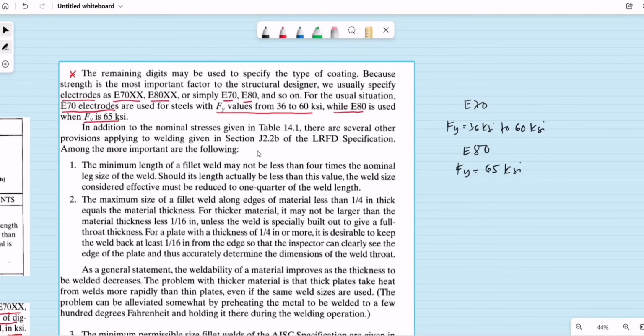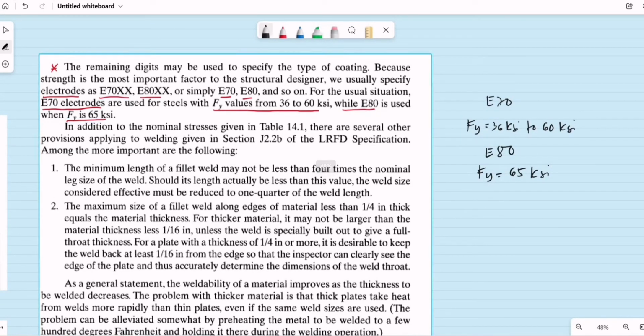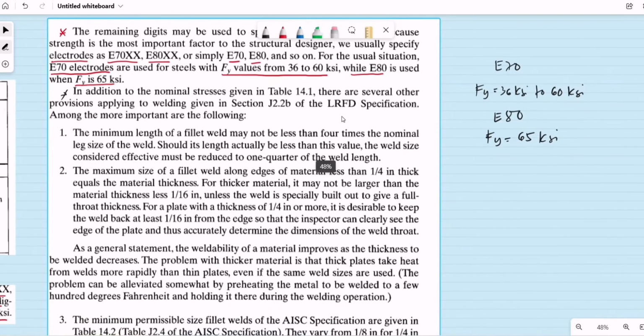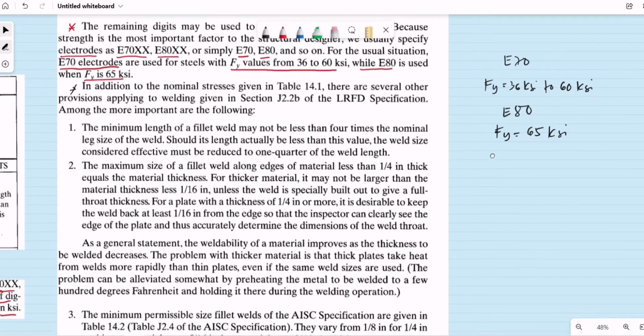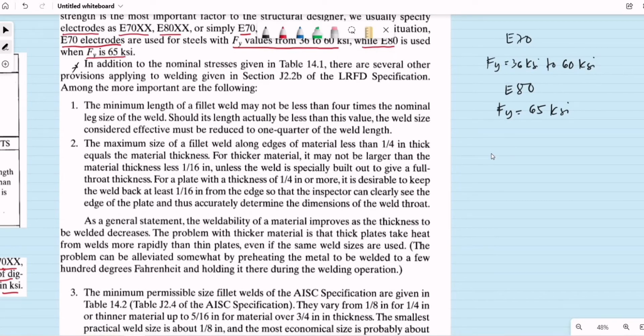So in addition, let us continue our reading. In addition to the nominal stress given in Table 14.1, there are several other provisions applying to welding given in the section of the LRFD specification. Among the more important are the following. Number 1, the minimum length of a fillet weld may not be less than 4 times the nominal leg size of the weld.